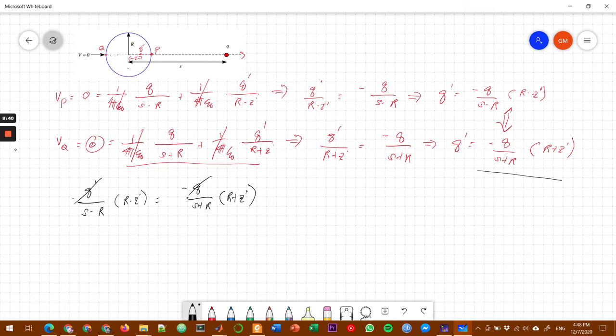Then you do the cross multiplication, you get R minus Z prime times S plus R equals S minus R times R plus Z prime. Tama? Cross multiply naman na.